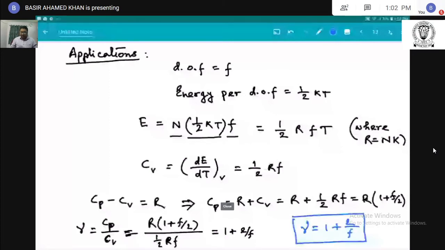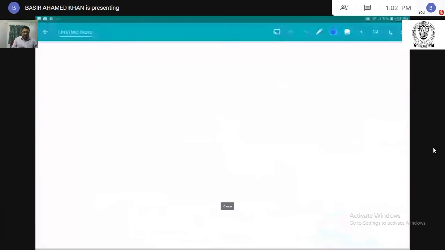Suppose for monatomic gas, I have to calculate gamma, that means the ratio of two specific heats of monatomic gas. Case 1, monatomic gas.